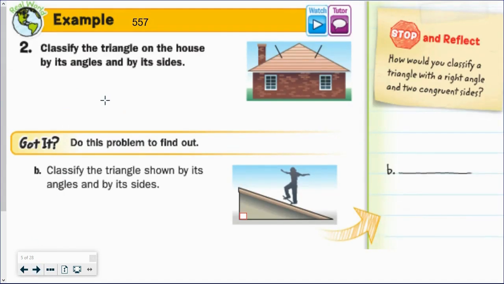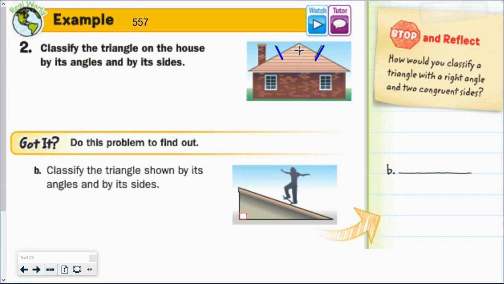It says classify the triangle on the house by its angles and by its sides. Well, if I look over here, there are hash marks on these two sides. Well, that tells me something about those two sides. It tells me those two sides are identical.